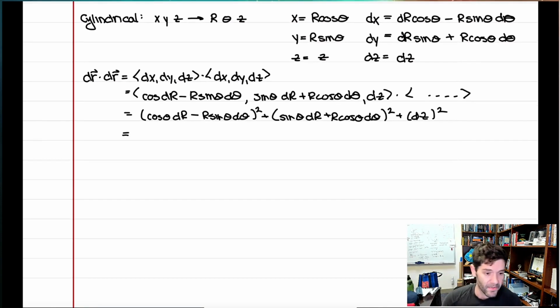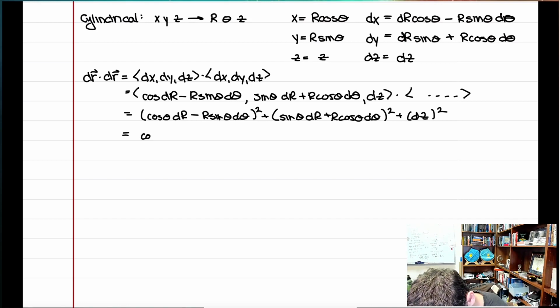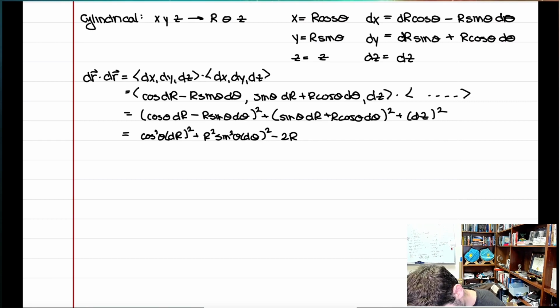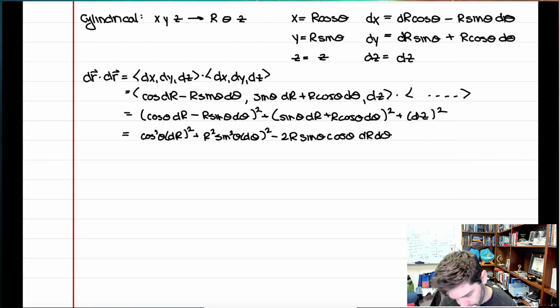And then I have to multiply all these out. But let's just look at the first term. There'll be a cosine squared times dr squared, there'll be an r squared sine squared d theta squared, and then there's going to be the cross term 2r sine theta cosine theta dr d theta.